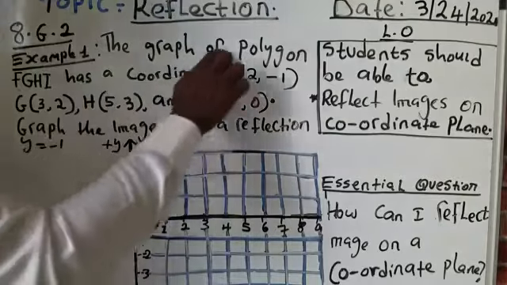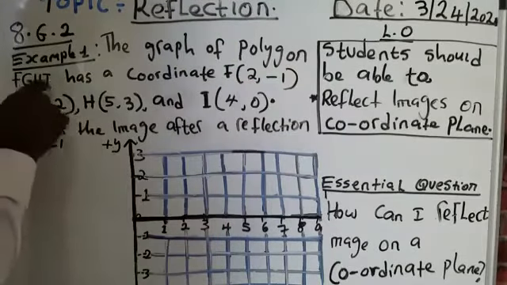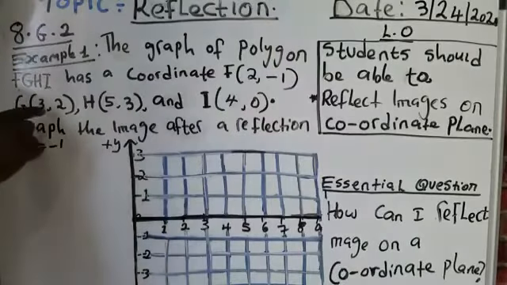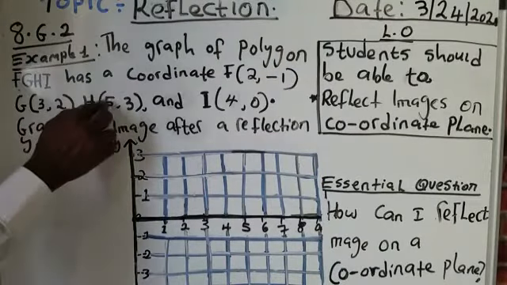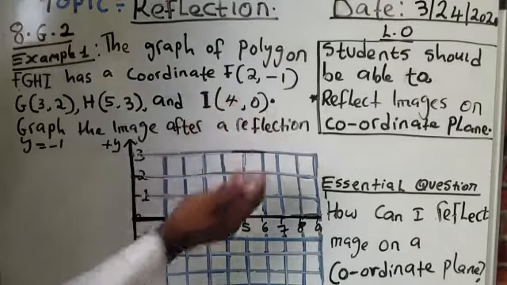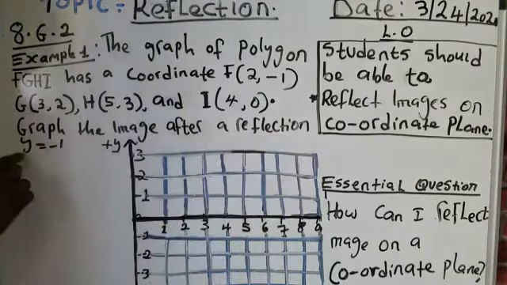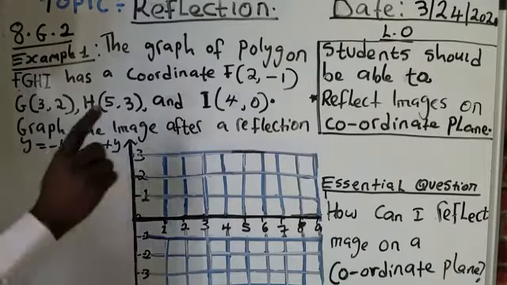Now, the graph of the polygon FGHI has coordinates F(2, -1), G(3, 2), H(5, 3), and I(4, 0). Graph the image after a reflection y is equal to -1.